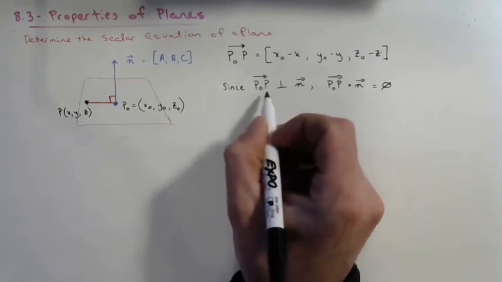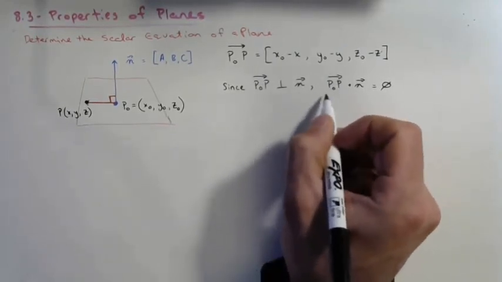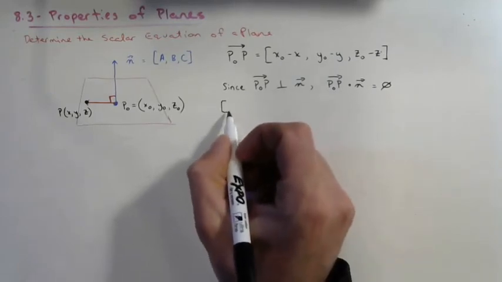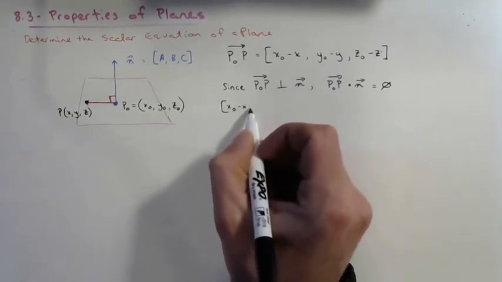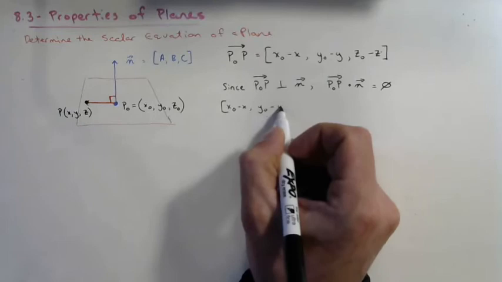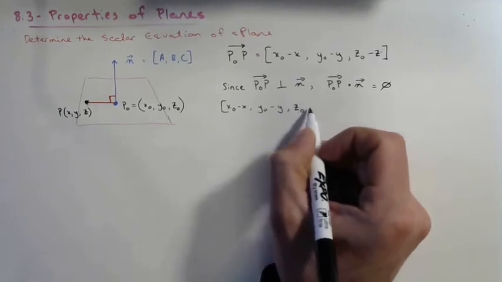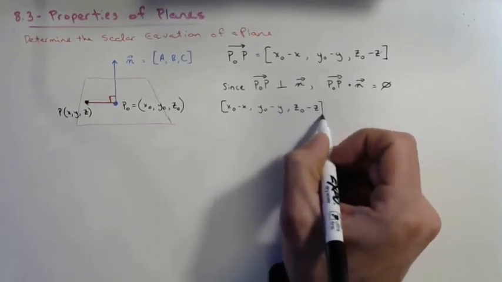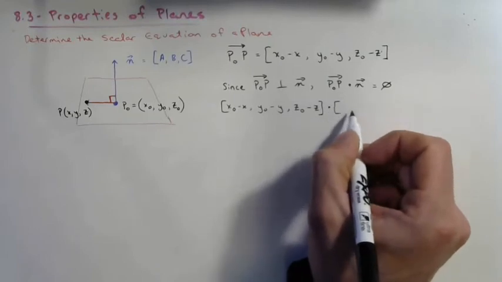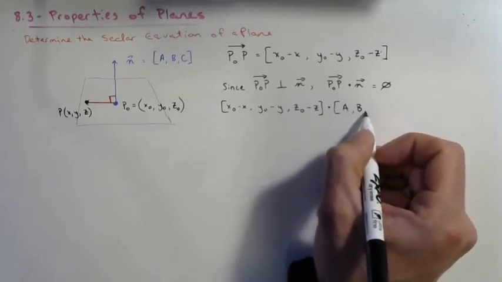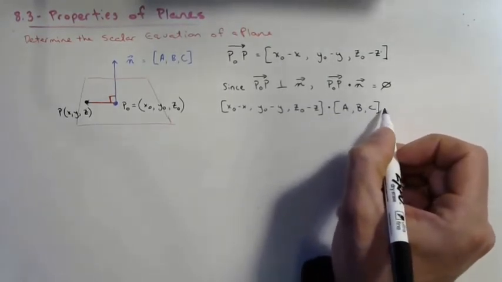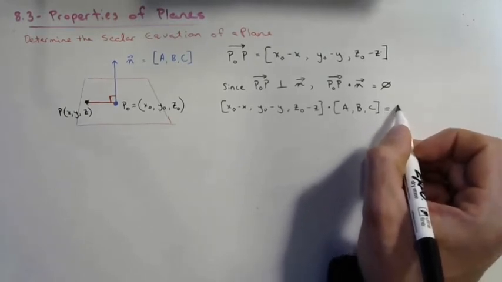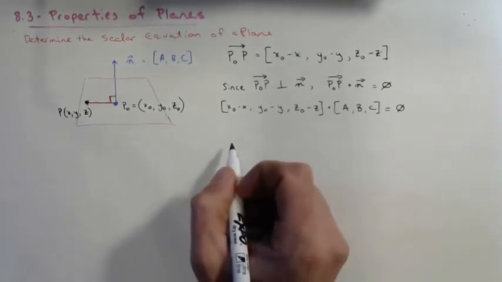So we're going to take our first equation, P naught P, which is (x naught minus x, y naught minus y, z naught minus z), dot our normal vector, which is (A, B, C). And we know, since they're perpendicular, that's going to equal 0.